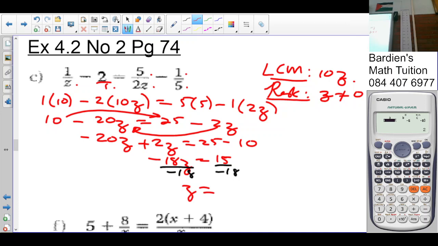So Z is equal to positive divided by negative is negative. 3 goes into 15 5 times, 3 goes into 18 6 times. So it's negative 5 over 6. So what is your issue here? So you wrote a 2 here, times by 2. Okay? That's your mistake. Anybody else?